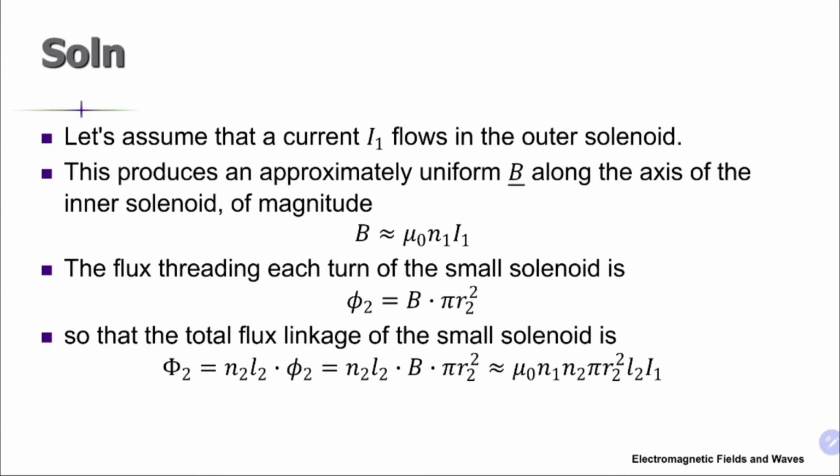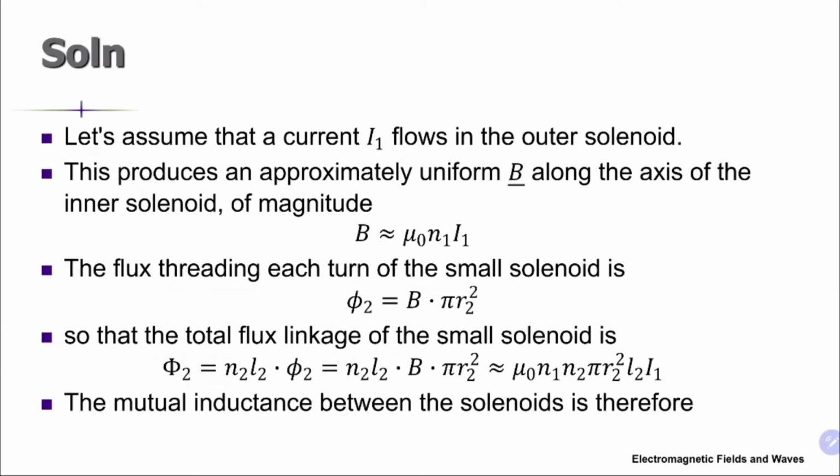Once you know the flux linkage, then you can work out the mutual inductance, or similarly the self-inductance as well. That will be equal to the flux linkage divided by the current.